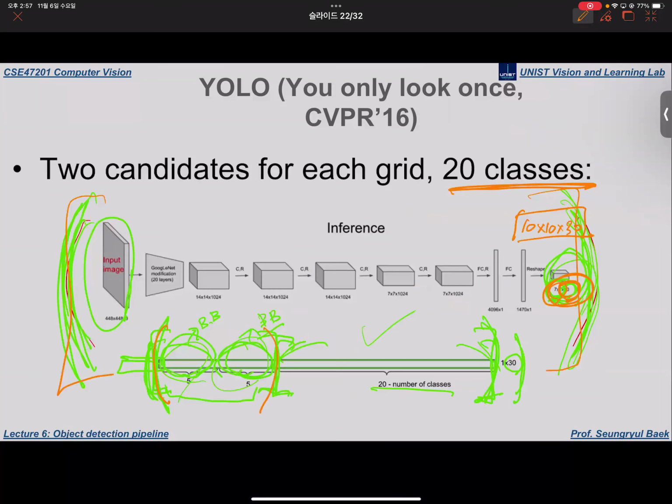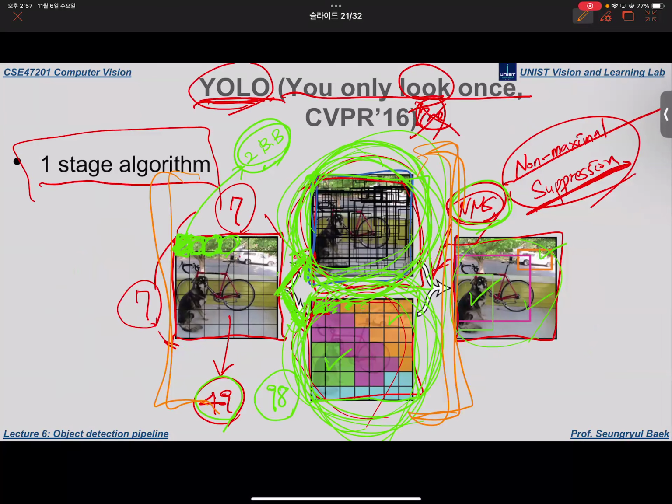Maybe you have already seen that in this image, for example, the ground truth bounding boxes are limited. There are only three ground truth object bounding boxes, but we will estimate this number of bounding boxes. For this region, if we estimate two bounding boxes, those bounding boxes might contain only background.